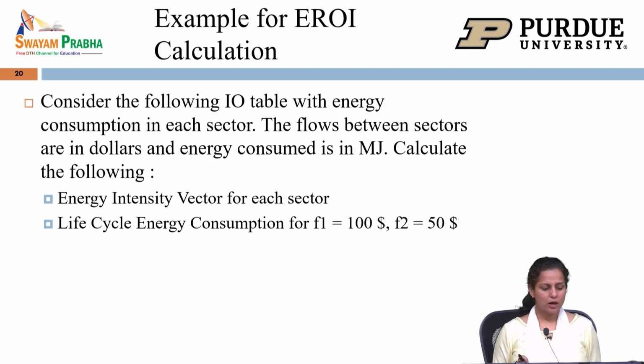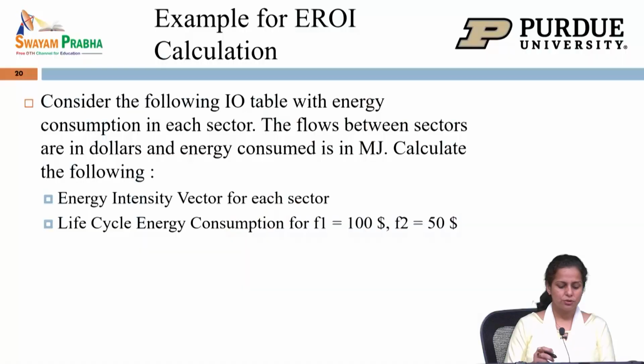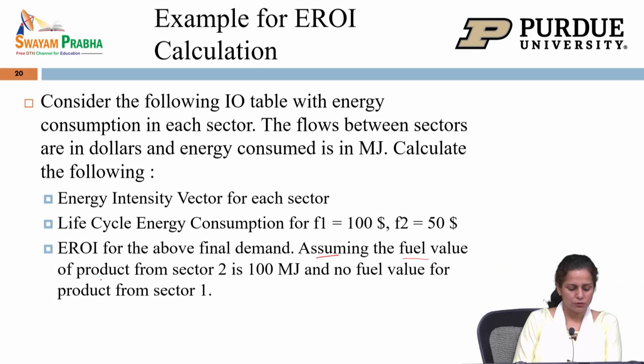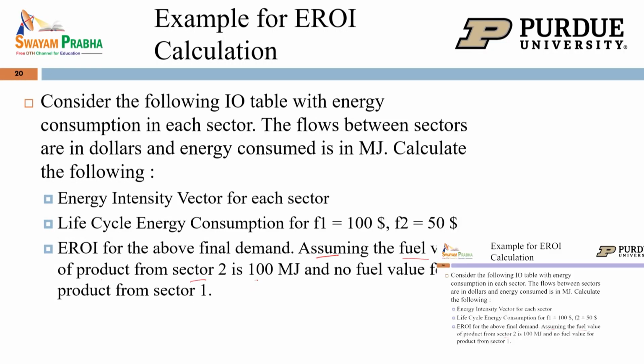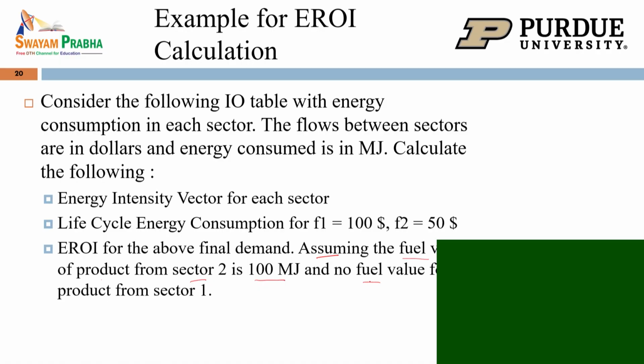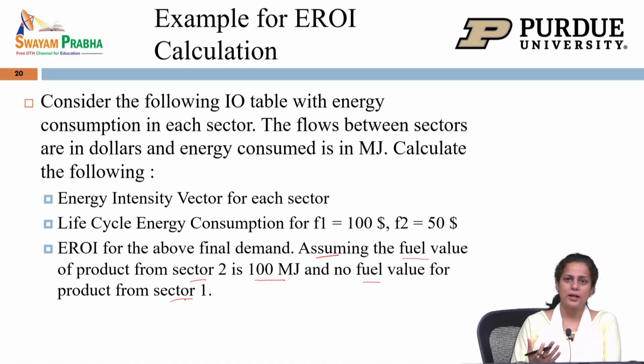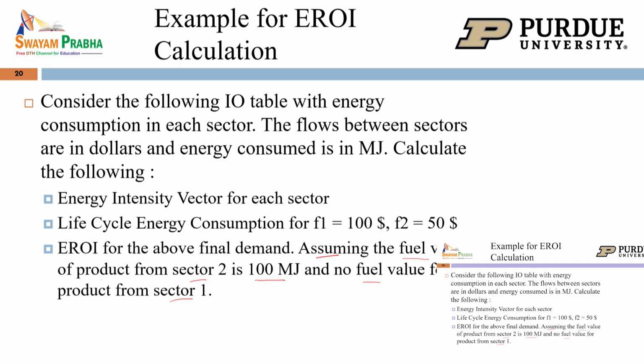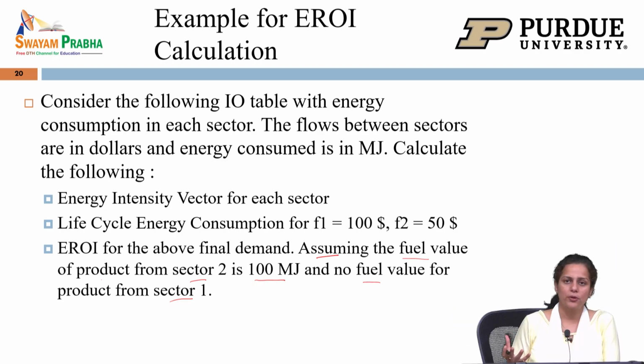Now for this one, what you need to do is to calculate the energy return of investment for the given final demand, and now you need to make an assumption for the fuel value of product from sector 2 is 100 megajoule and there is no fuel value of product from sector 1, which means that the total value of energy output from the product that we are getting is 100 megajoule for sector 2 and there is nothing from sector 1.